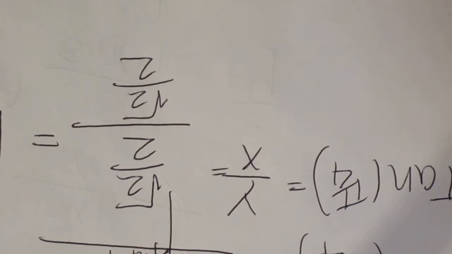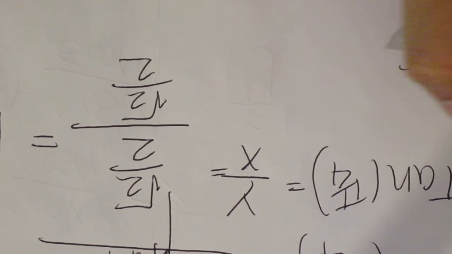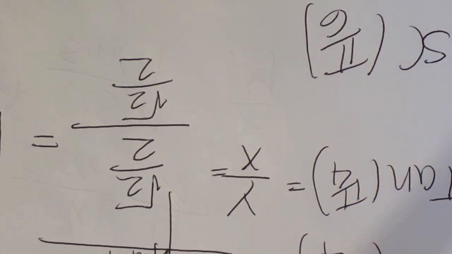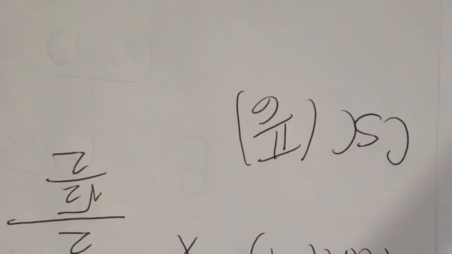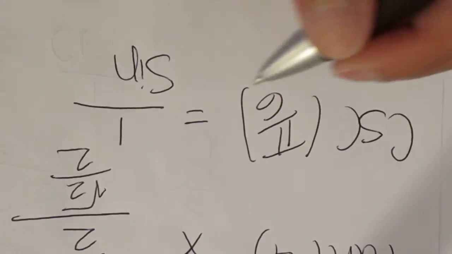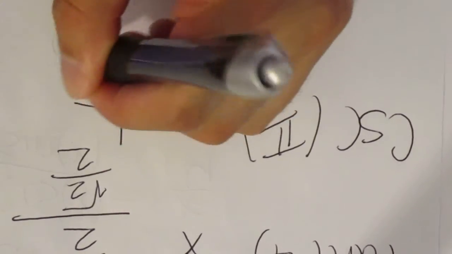What about cosecant of pi over 6? Remember, cosecant is 1 over sine of pi over 6.